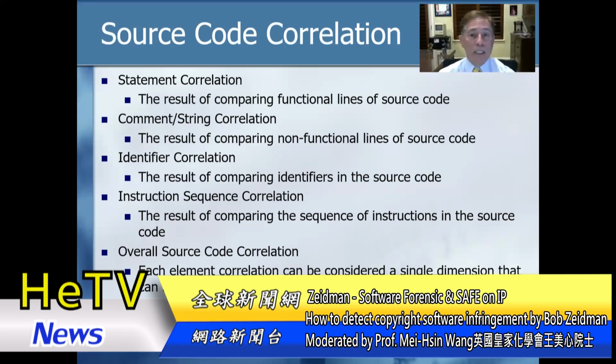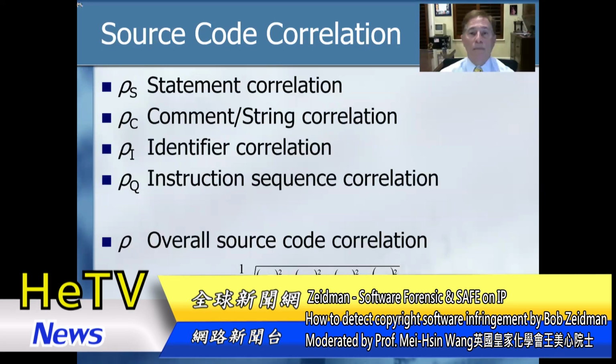The reason for calculating it this way is that my team and I have done tests over the years when CodeSuite was being developed and these algorithms were being developed, and found that these specific correlations and this specific combination was the best way for detecting copying.